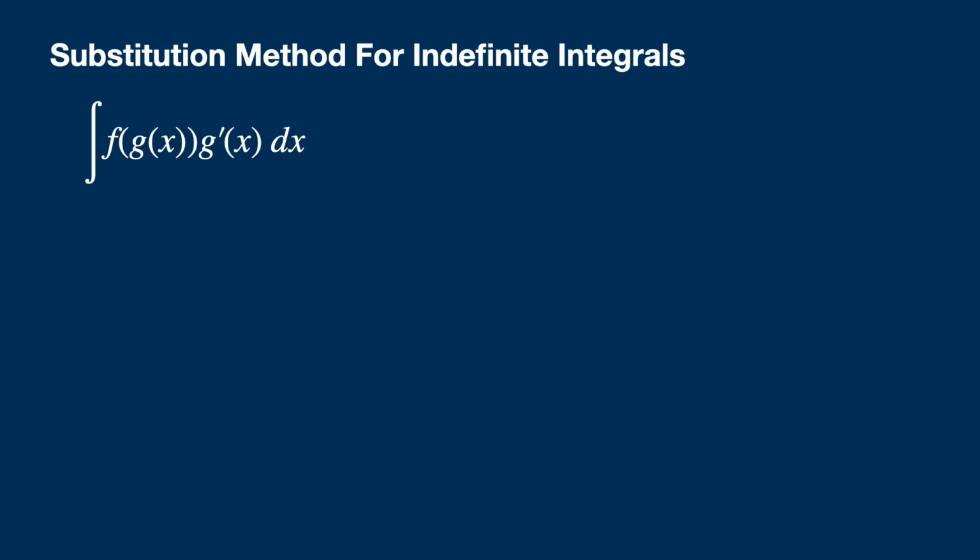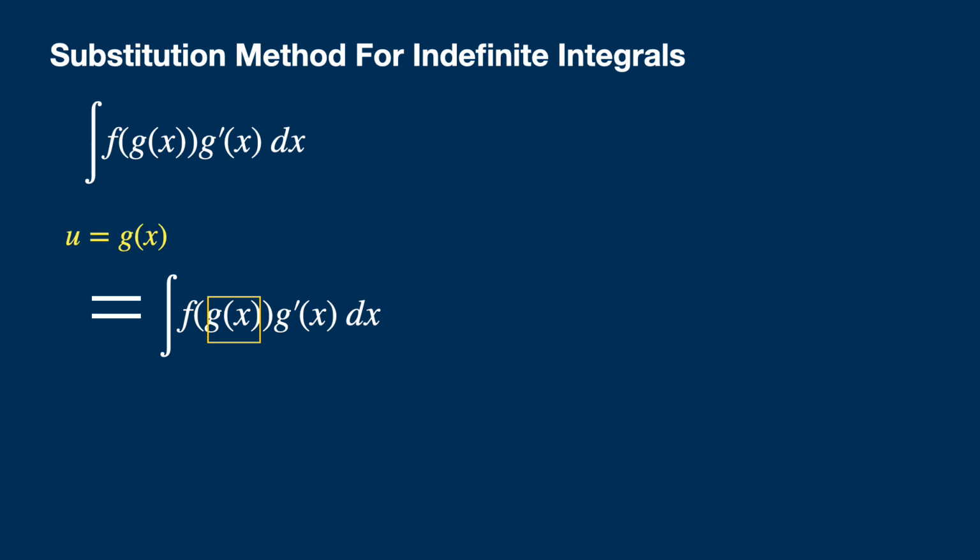First, substitute the inside function of f of x. g of x is going to be u. Then we're looking for u prime. That's going to be du equals g prime of x dx. That's what you look for when you do the substitution method. So that part is going to be du.